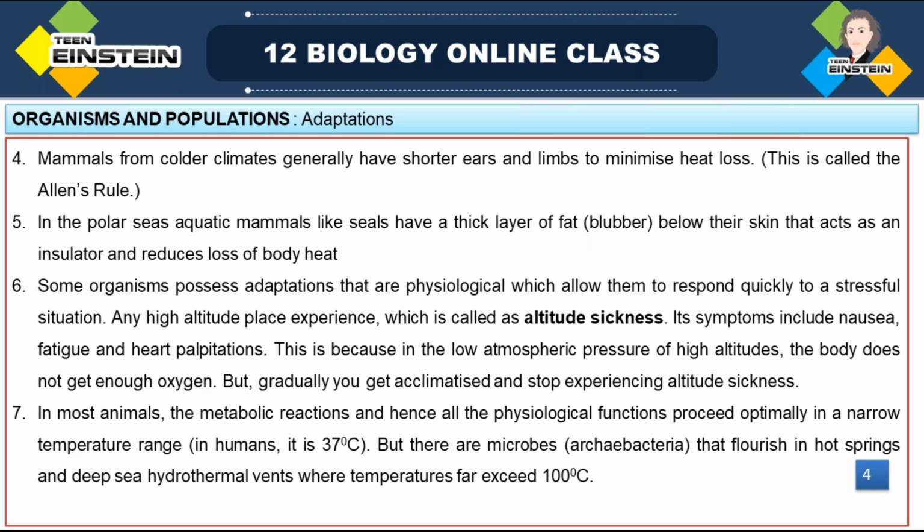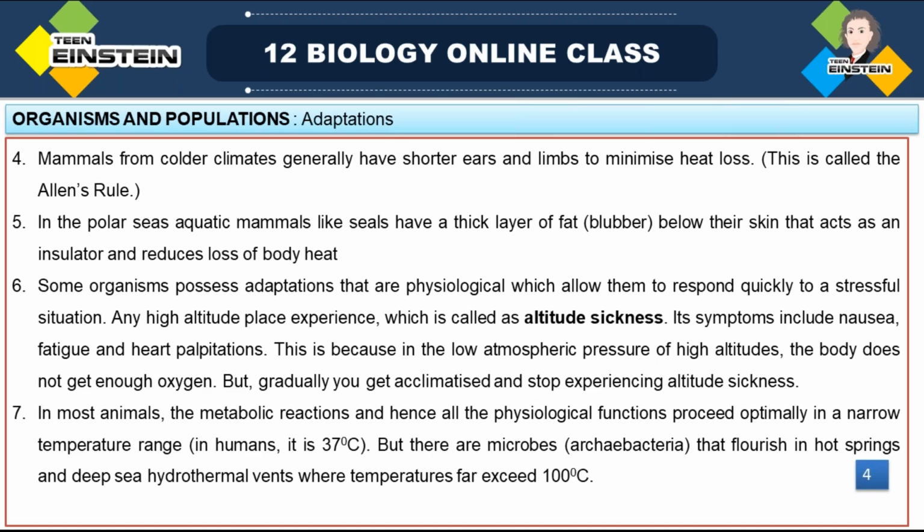The thick layer of fat present below the skin in the aquatic mammals of polar seas is called blubber. For what purpose do they use this, or what kind of adaptation is this? This is to reduce the loss of body heat.